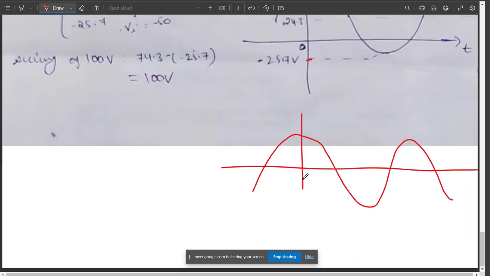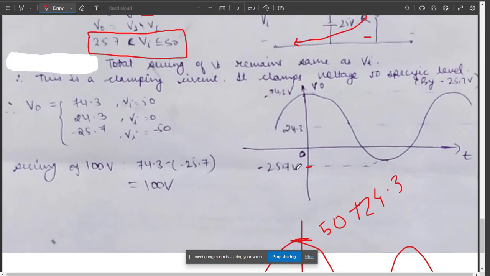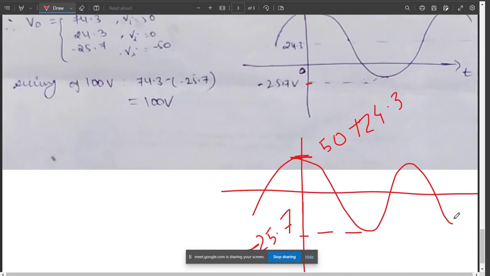When it is shifted by 24.3, then 50 minus 24.3 is 25.7, right? So this is 25.7 minus 25.7, and this is 50 plus 24.3, which is equal to 74.3. So this is the waveform that we will get.